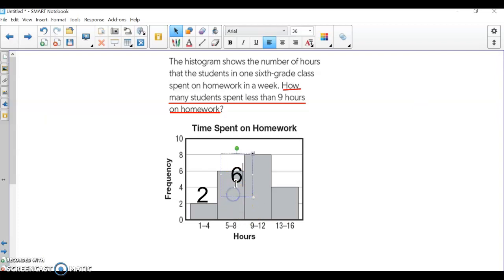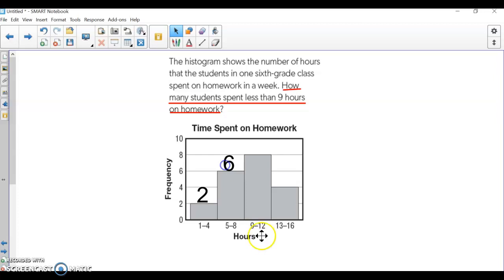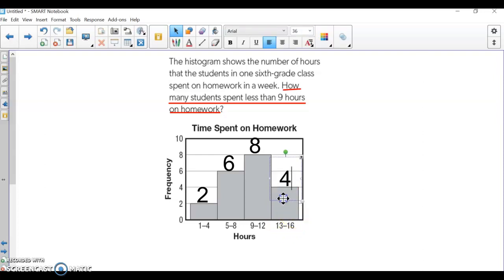That means 6 students spent 5 to 8 hours on homework. 9 to 12 hours is 8. That means 8 students spent 9 to 12 hours on homework. 13 to 16 hours is 4. That means 4 students spent 13 to 16 hours on homework.